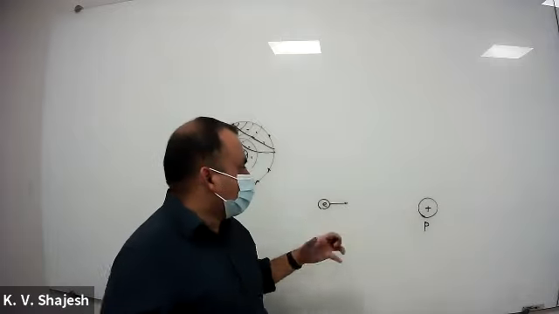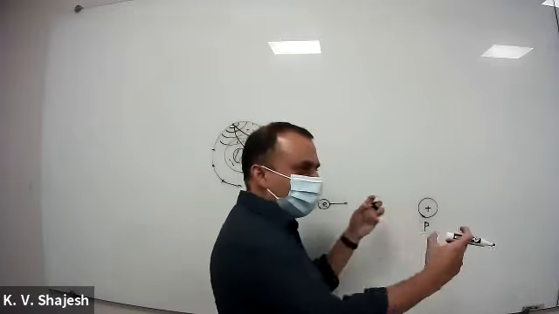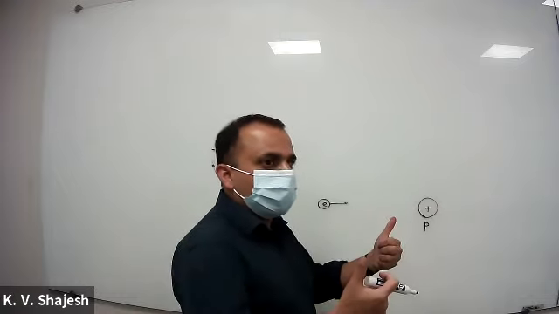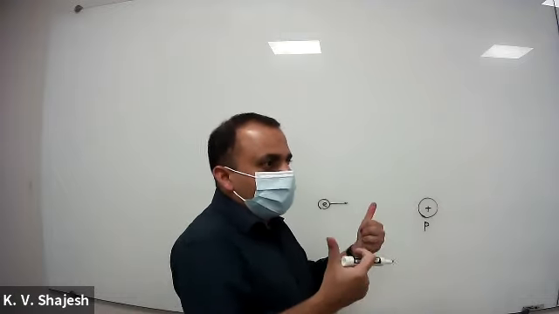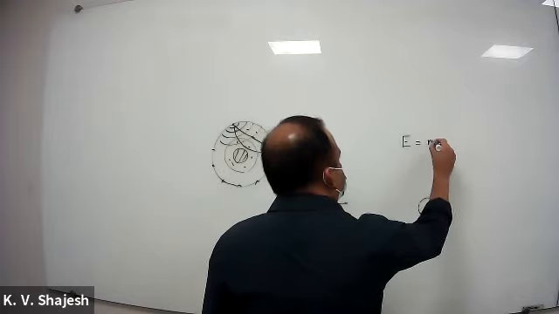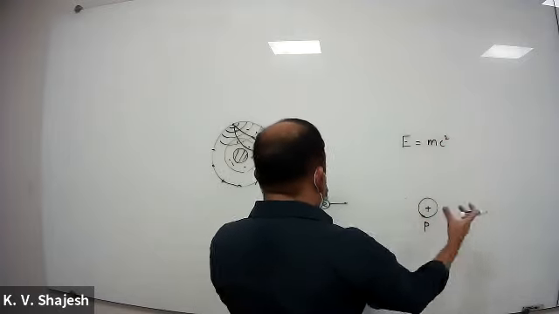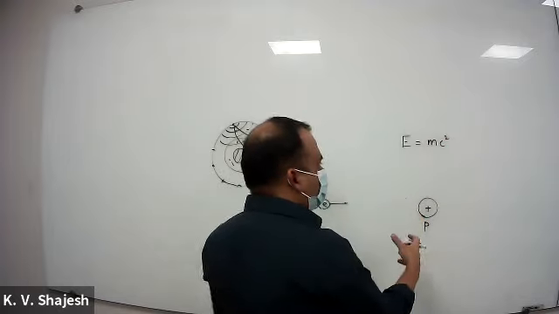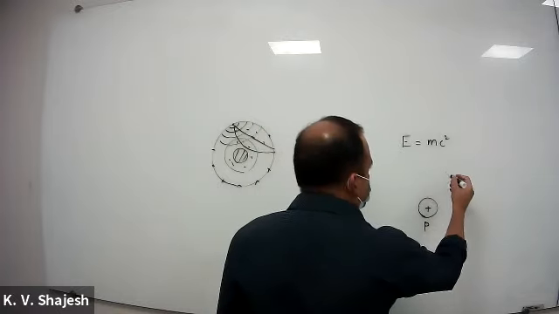You need so much energy so that when they really bombard each other, the idea is to create new things. And to create something, you need energy. So the simple idea is E is equal to mc squared. Let us say you bombard these things and create a particle like the top particle.